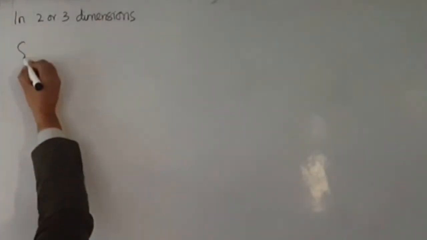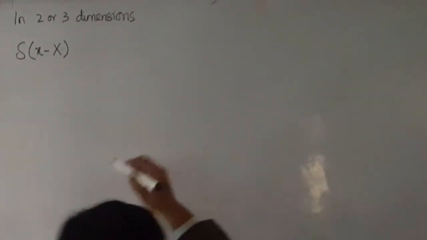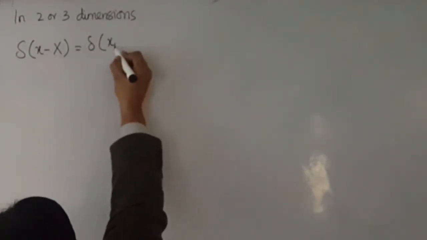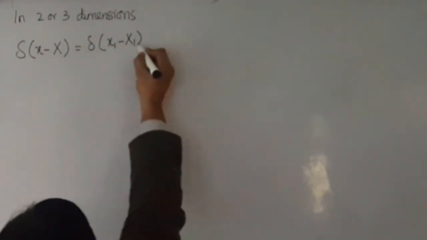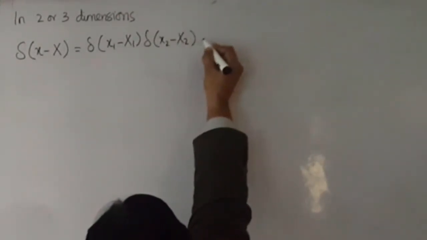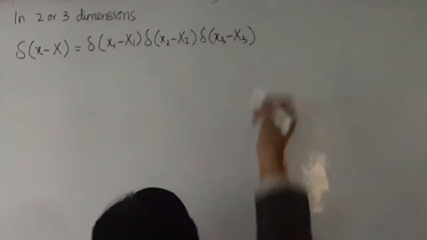So let's say I write the delta function as delta(x minus X). The capital X is the first one, the small one is the second. So for 3 dimensions, I can write this as delta(x1 minus X1), delta(x2 minus X2), delta(x3 minus X3).